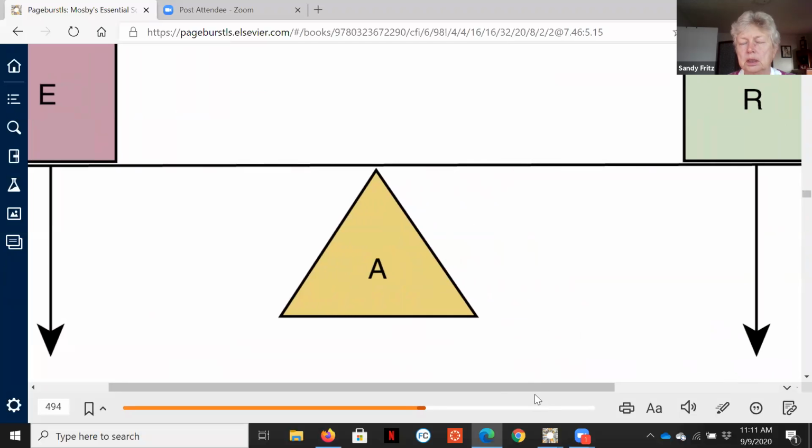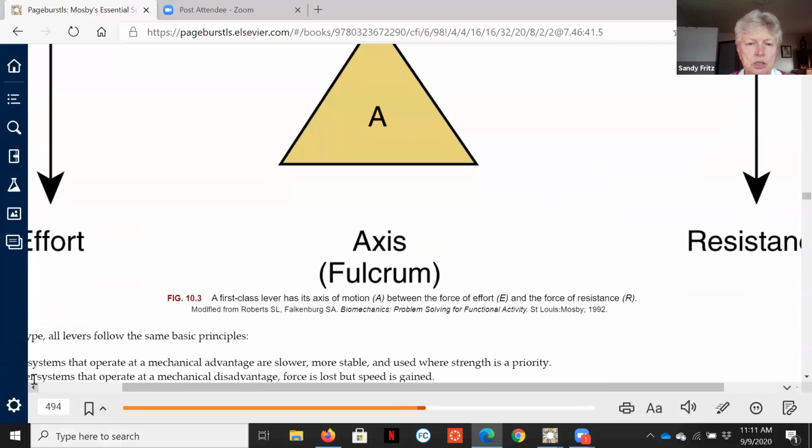So if we are thinking about this idea, simple machines, and the effort versus resistance and the axis of that, these are divided into first class, second class, and third class levers.